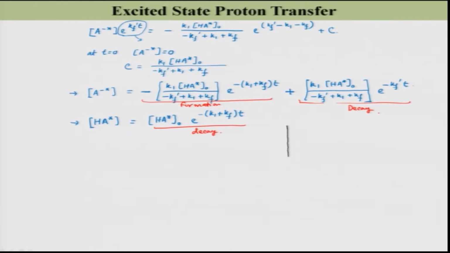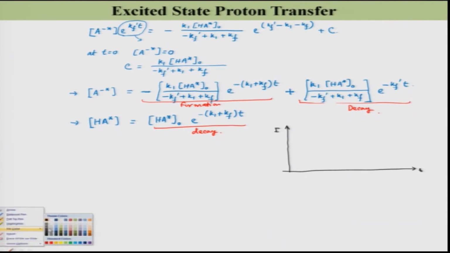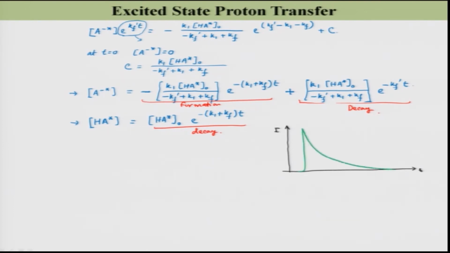Let us say this y axis is my intensity and this x axis is my time axis, and this is my fluorescence intensity. Let me draw this HA with the green color. HA looks something like this.